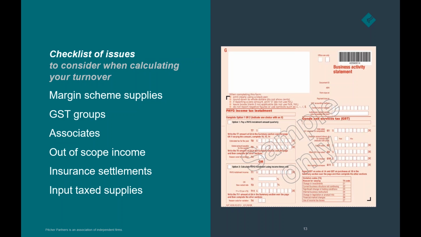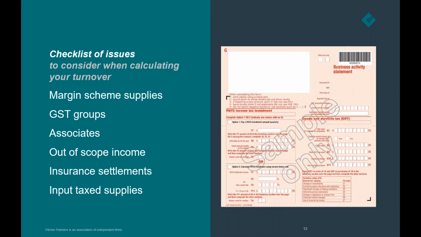Out of scope income includes things that are usually excluded from the BAS but would need to be included for JobKeeper purposes. So the main one of those is for the charities, which relates to the donations. Normally donations would not form part of GST turnover, but they will form part for the purposes of the JobKeeper provisions.